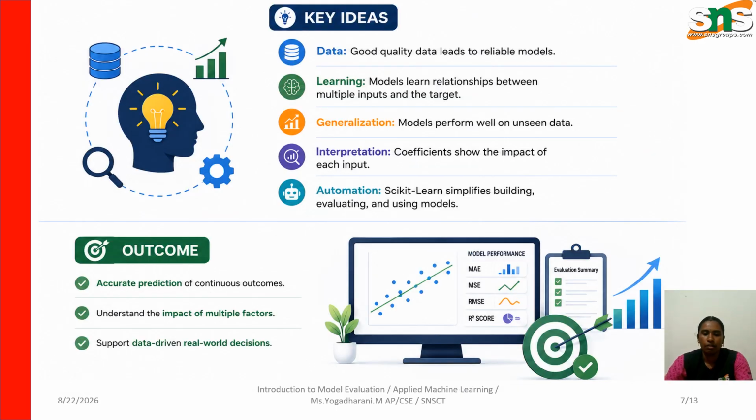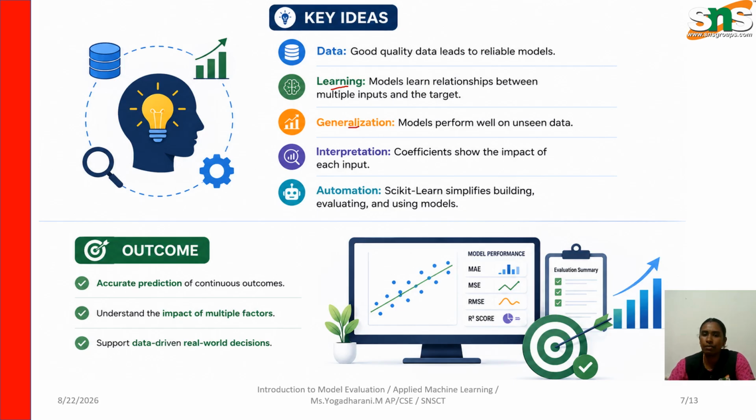Here are the key ideas behind this. Good quality data leads to a reliable model, and then learning: the model learns relations between multiple inputs and the target value, that is, the independent variables and the dependent variable. Generalization means the model performs well on unseen data.